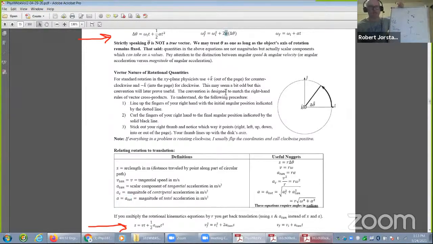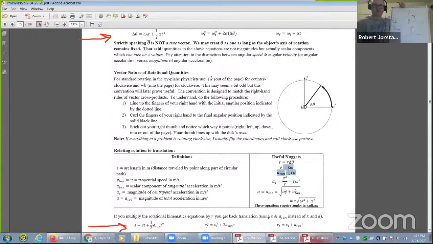They are all related, but each one has a different physical purpose, meaning in calculations. So notice we know that V equals R omega already. We know that A tangential is R alpha. We know this from chapter 6 already, the centripetal acceleration. And maybe we didn't know this one already, but that might be a new one.